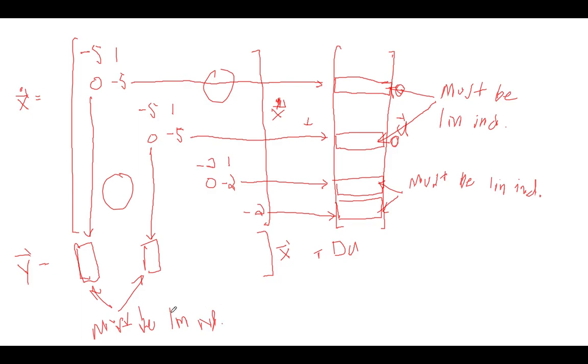Now it must be linearly independent for our system to be observable. We look at the first columns of our C matrix, and those columns live here, and those have a different dynamic response, but they have the same dynamic response as each other, and those two columns must be linearly independent for our system to be observable.